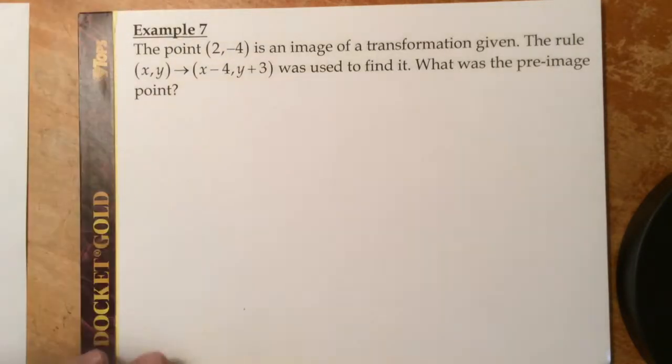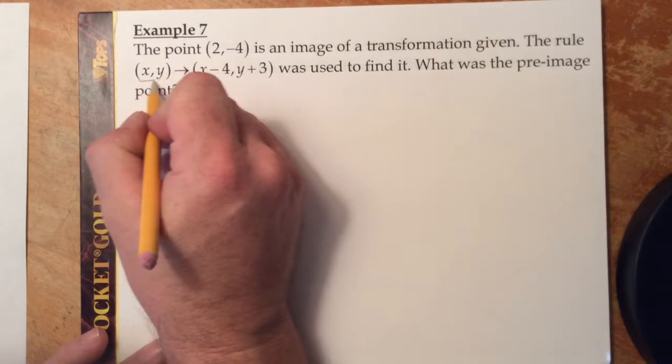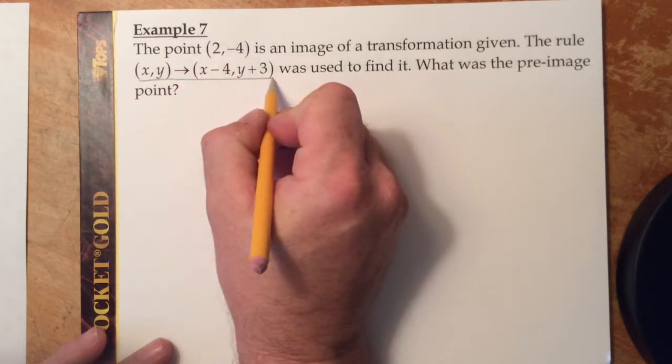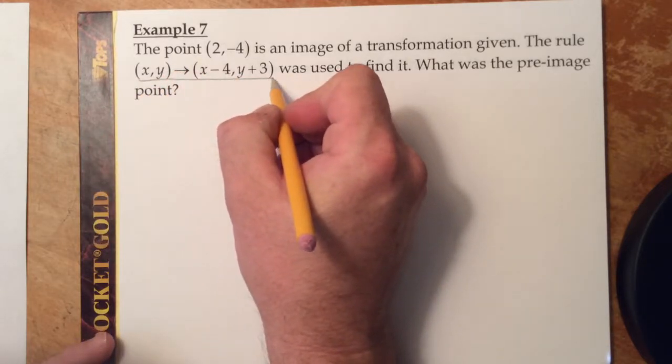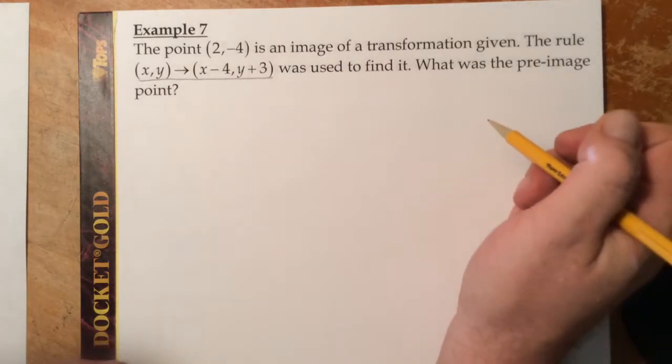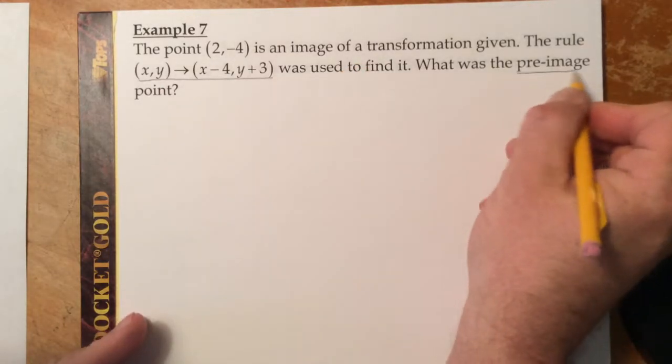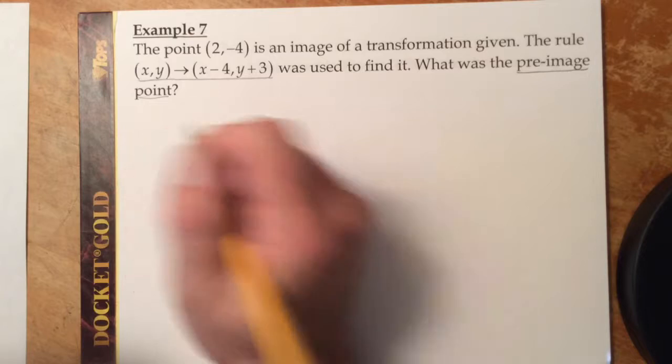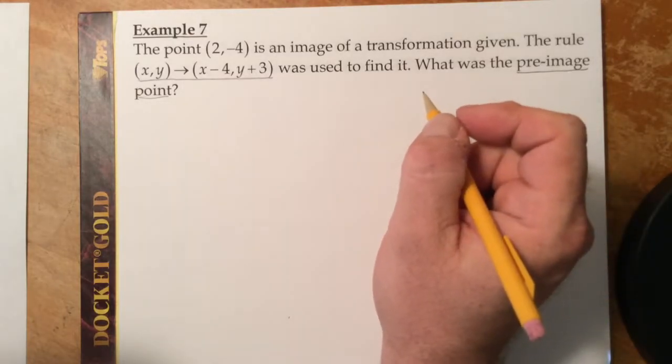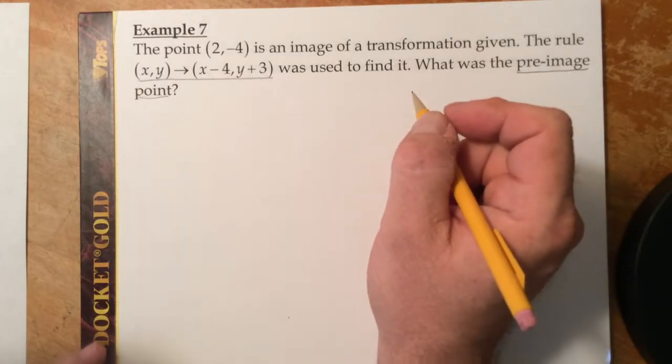Example 7. The point (2, negative 4) is an image of a transformation. The rule (x, y) goes to (x minus 4, y plus 3) was used to find it. What was the pre-image point? So in this one, we're going backwards in a sense.